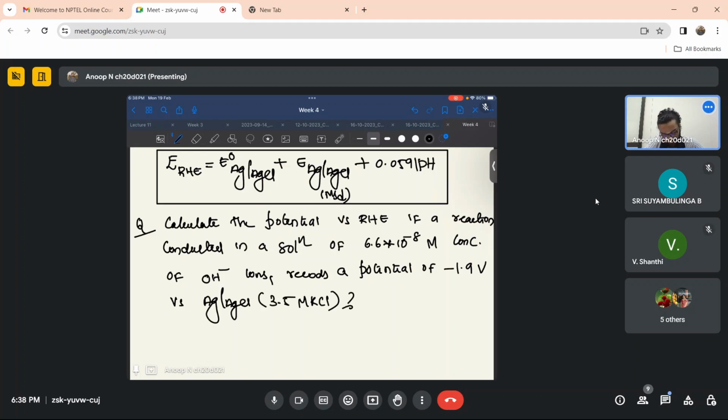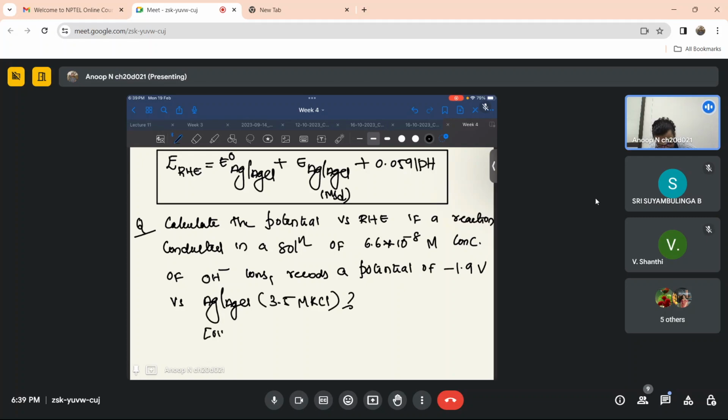Can you calculate? So calculate the potential versus RHE if a reaction conducted in a solution of 6.6 into 10 raised to minus 8 molar concentration of OH minus ions records a potential of minus 1.9 volt versus Ag/AgCl filled with 3.5 molar KCl. So what is given here?